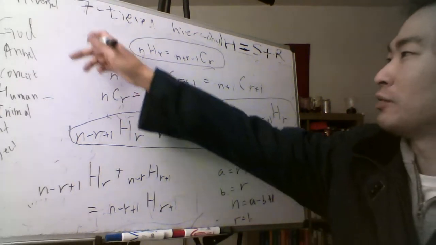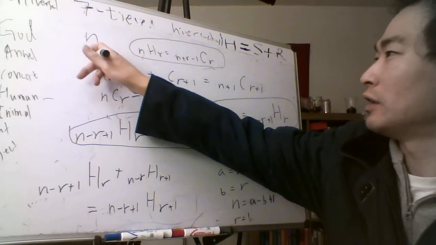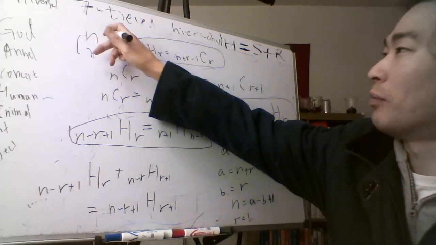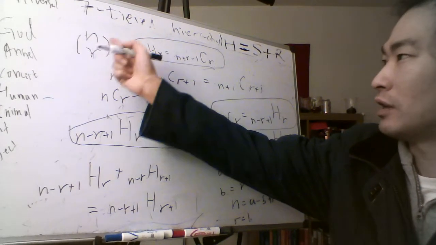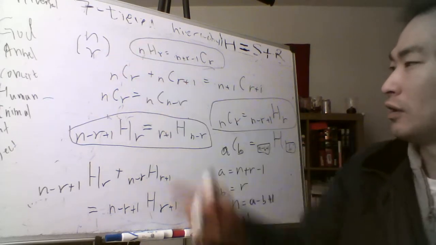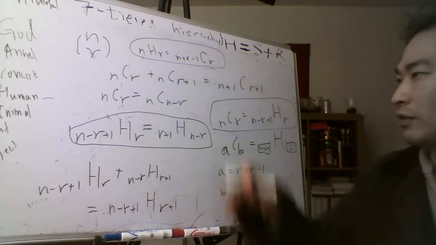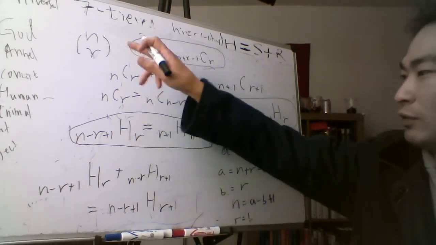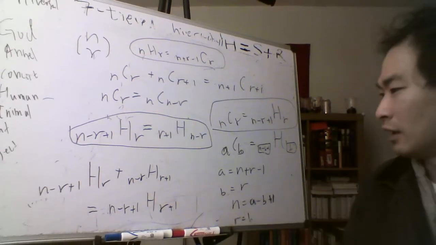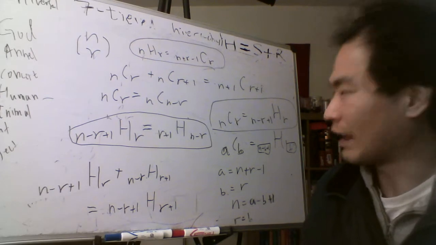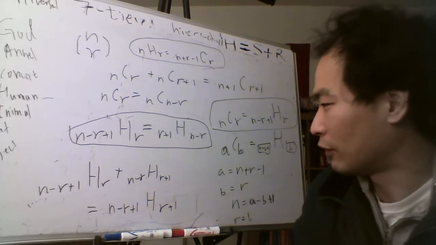so what is NCR? If binomial coefficient in mathematics textbook in America, you denote it like this, n r with this, but it kind of looks like matrix, you know, or column vector. So yeah, I don't like that symbol, that notation. I prefer this. Okay, I think it's Japanese notation, but I'm not sure.